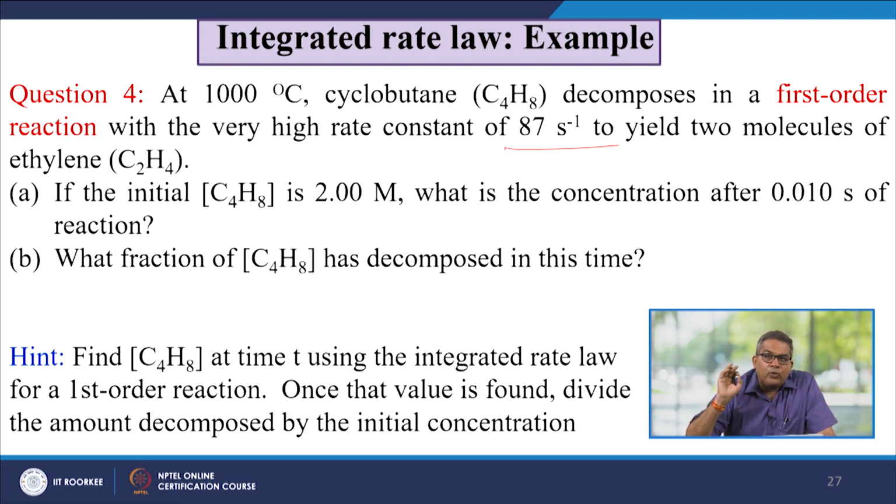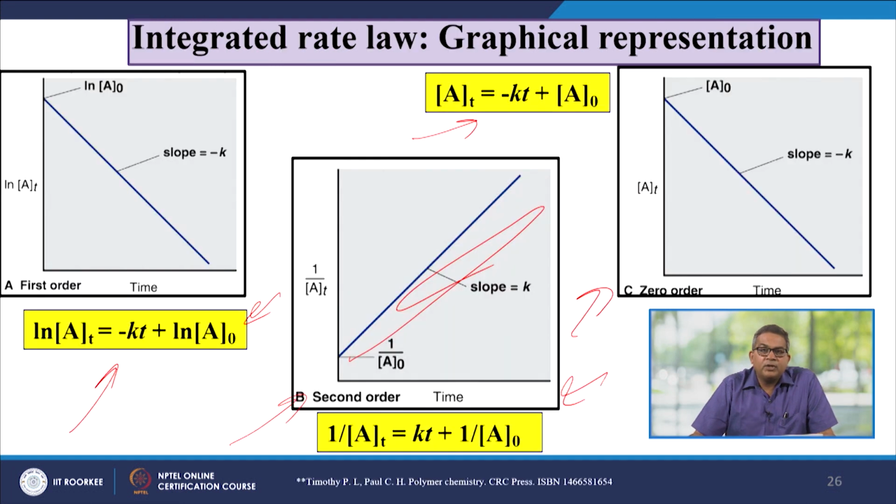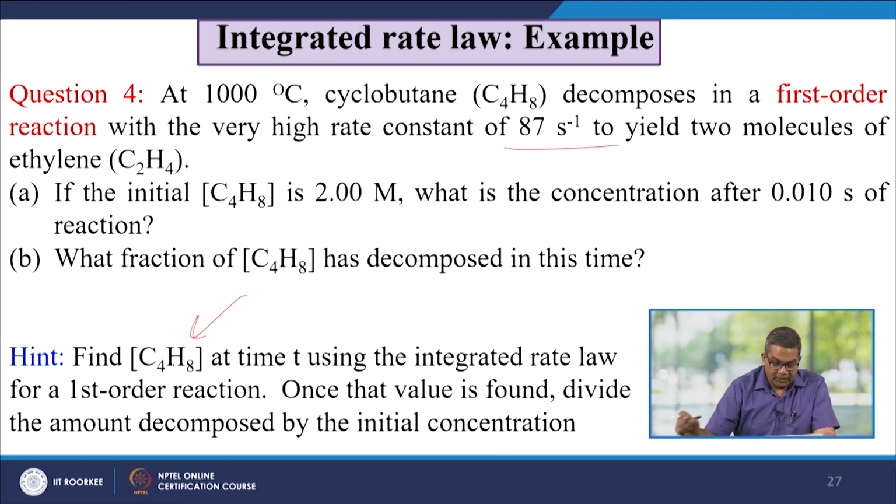And the second part is, what fraction of C4H8 has decomposed in that time? One hint: you need to find the concentration of C4H8 at time t using the integrated rate law for a first order reaction. Once that value is found, divide the amount decomposed by the initial concentration.